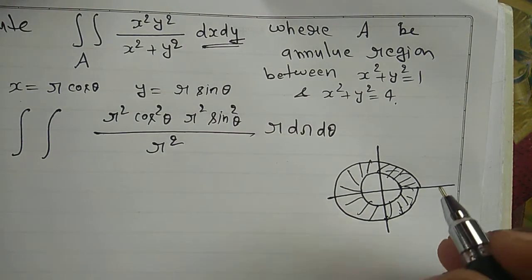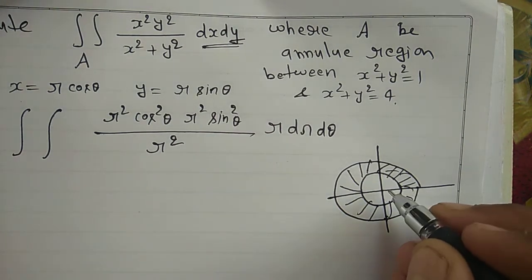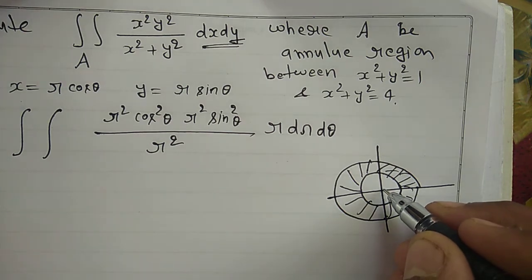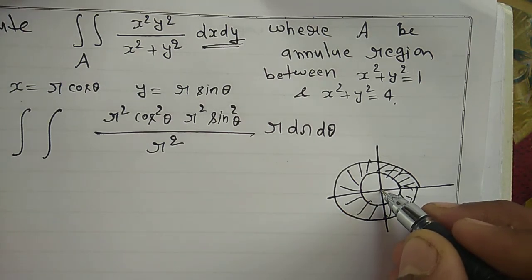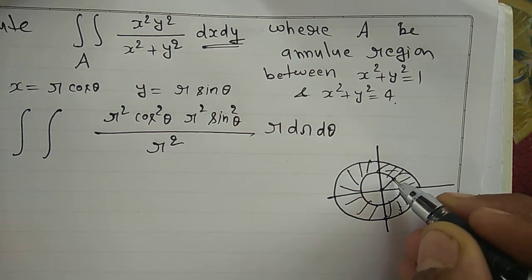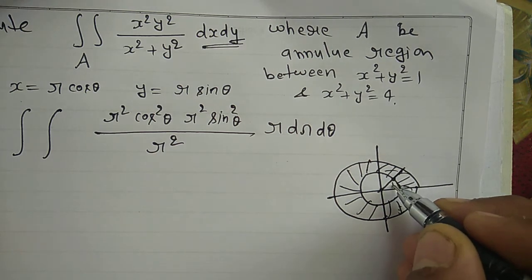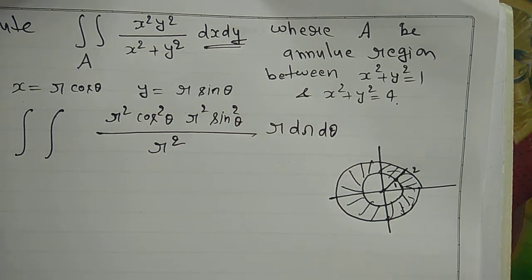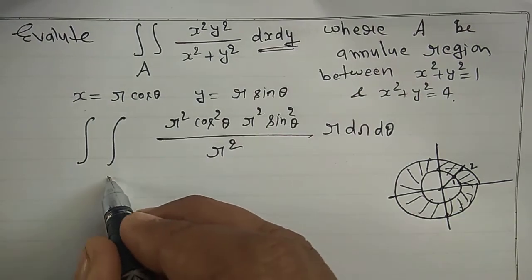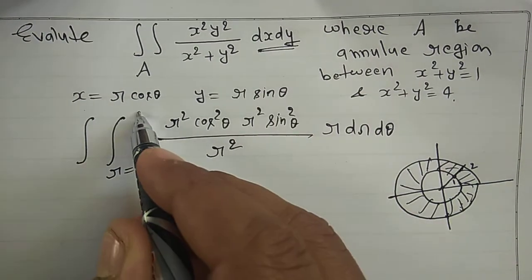Here you see r is the radius from the origin. For this point r equal to 1 and for this point r equal to 2. So your r limit will be 1 to 2.